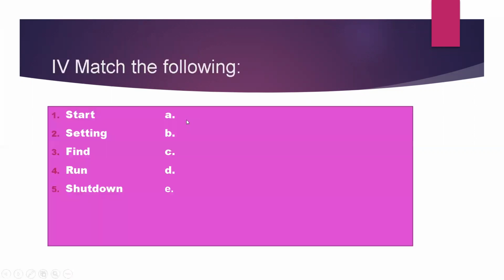Next, match the following. You are having the A side and also you have the B side. In the A side, I have mentioned everything. In the B side, observe your reader and now think for the answer. Start. Among those, which is the right answer for the start?